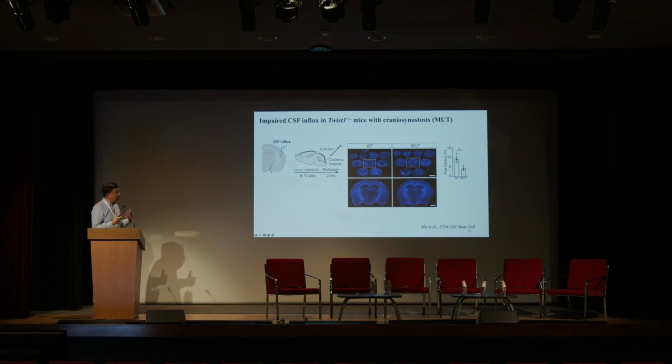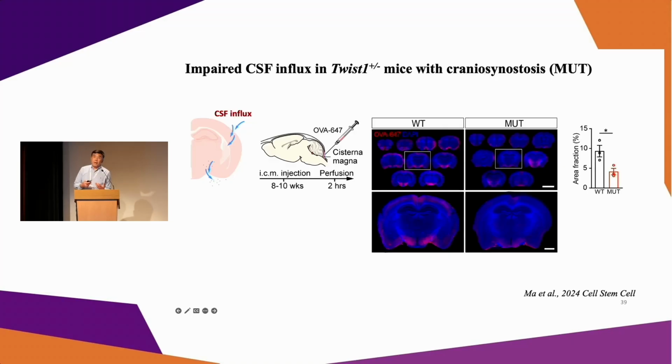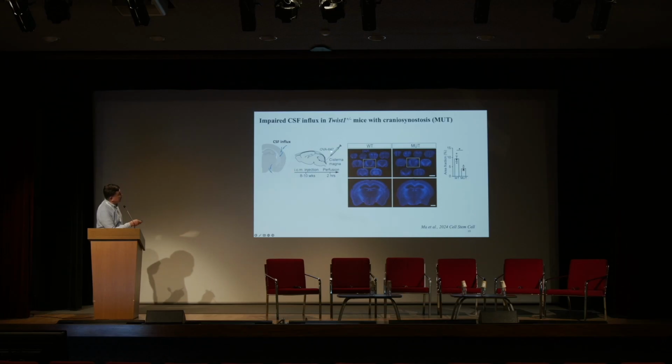So in order for us to look at whether the TWIST1 mutant model also has compromised lymphatic drainage, you can actually inject a conjugated protein that will give you a color to see the distribution.